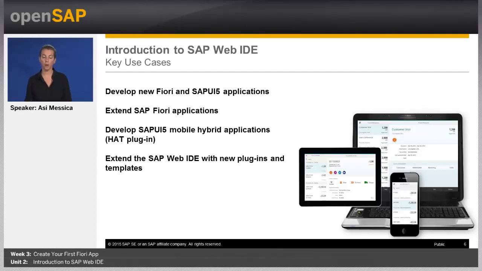You can use the SAP Web IDE to develop SAP UI5 mobile hybrid applications. And the SAP Web IDE is built with an extensible architecture which enables internal and external developers to extend the SAP Web IDE with new plugins and templates.